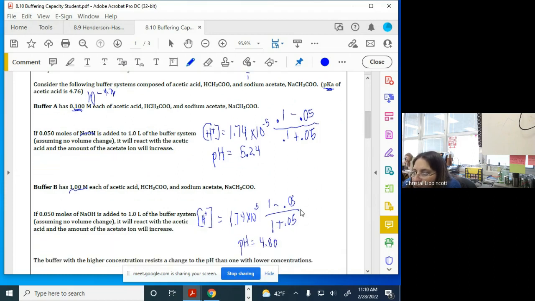Now, after we've added some OH, here it's gone up to 5.24. Here, by having higher amounts of the buffer, it only went up 0.04.